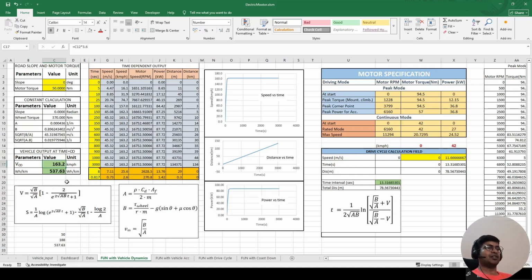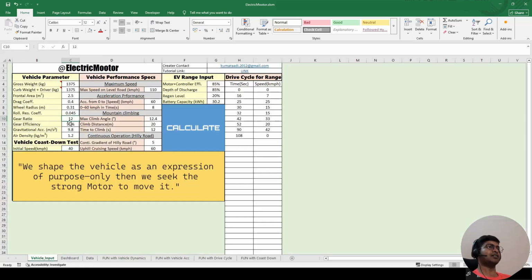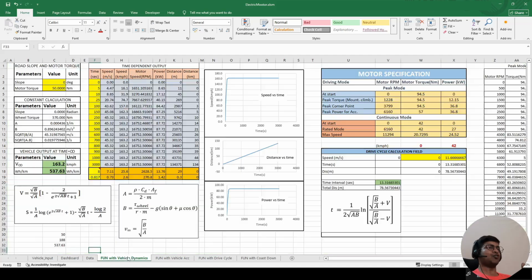Now you want to find this parameter, and that's where the vehicle coast down test comes into the picture. You cannot exactly find the rolling resistance coefficient, but you will get an idea that there is something wrong with the parameter. We don't need the exact rolling resistance coefficient, but I need the values of the A and B parameters.